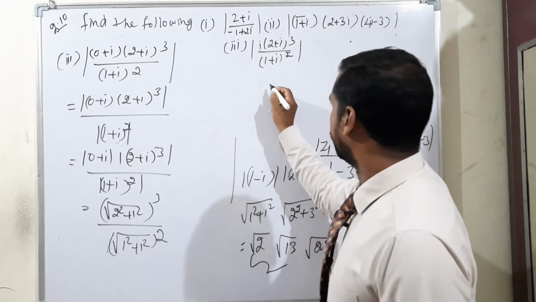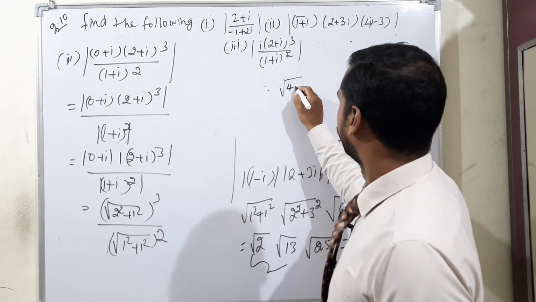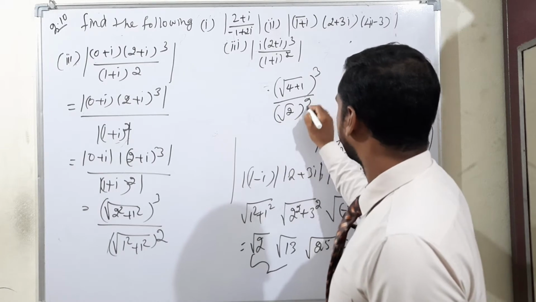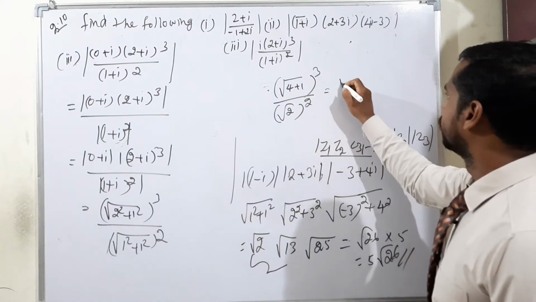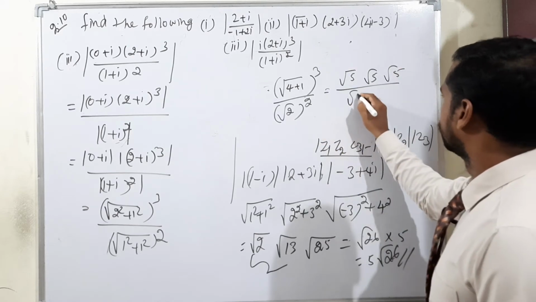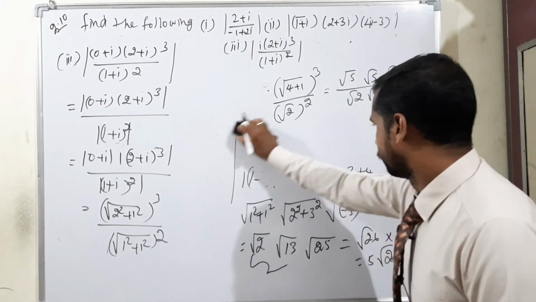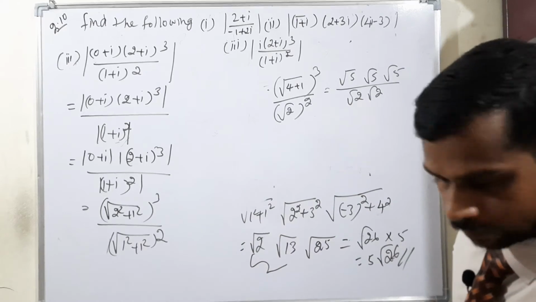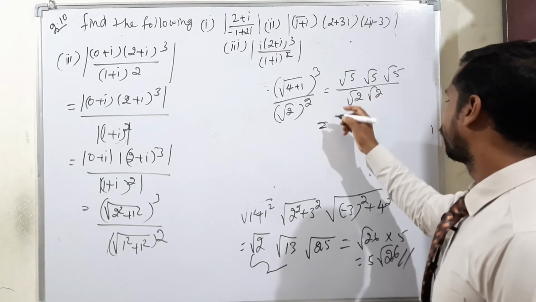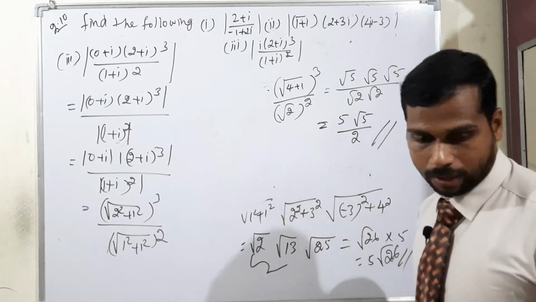So in the numerator, square root of 4 plus 1 the whole cube divided by square root of 2 the whole square. If you expand, 3 times square root of 5, square root of 5, square root of 5 divided by square root of 2 into square root of 2. So the answer will be 5 root 5 divided by 2. This is our answer for subdivision third.